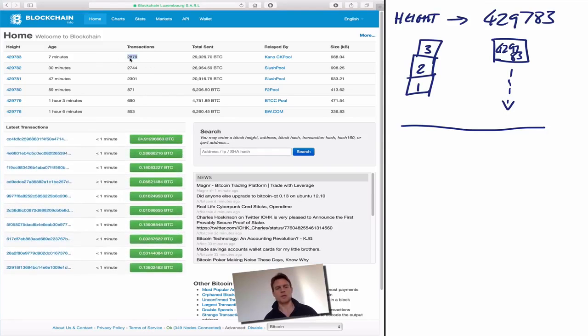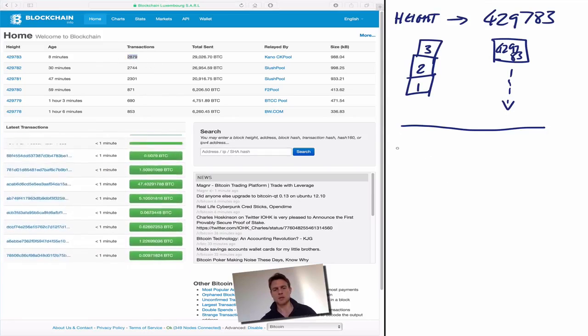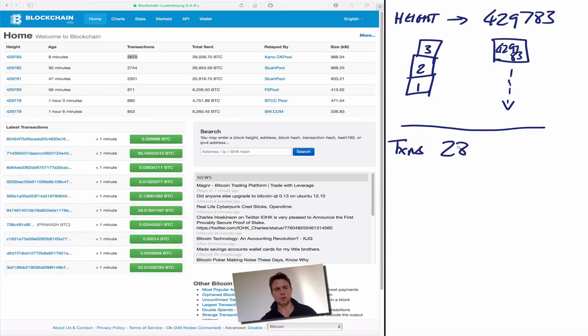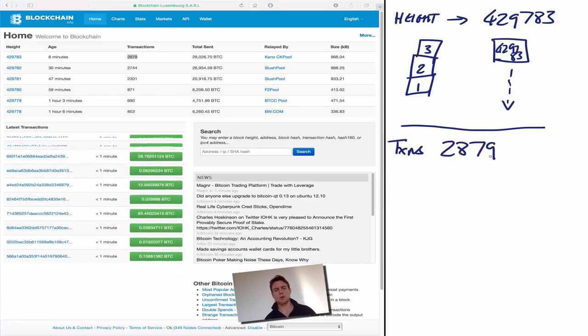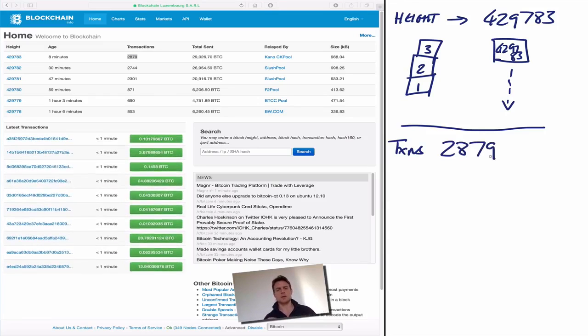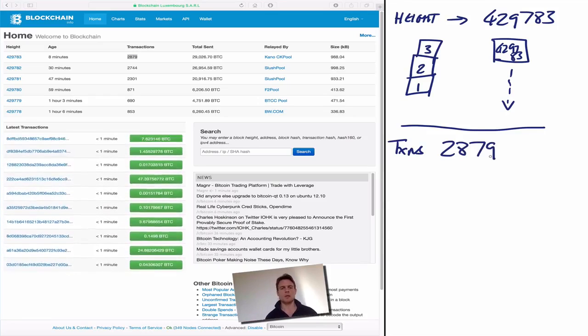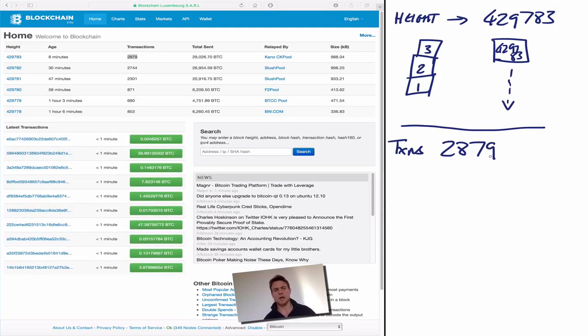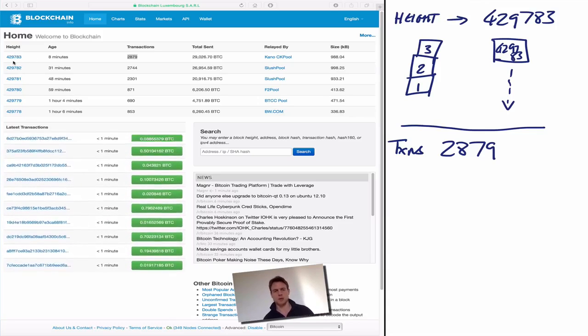The next one is the number of transactions. The number of transactions within this particular block was 2,879. Really important point: the number of transactions in each block is not the same every time. It all depends on the miner who happens to successfully mine each block, and we'll come to exactly what that means.